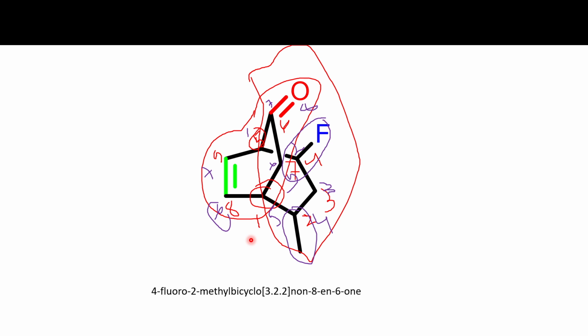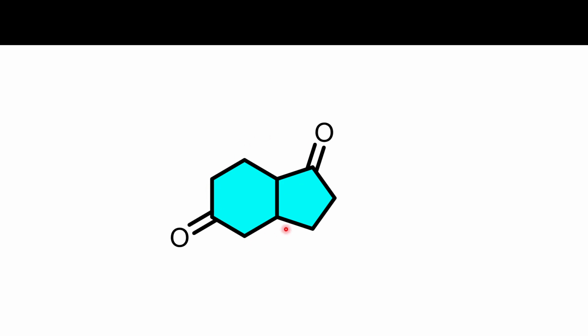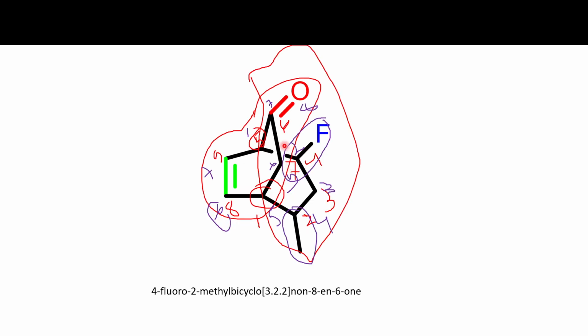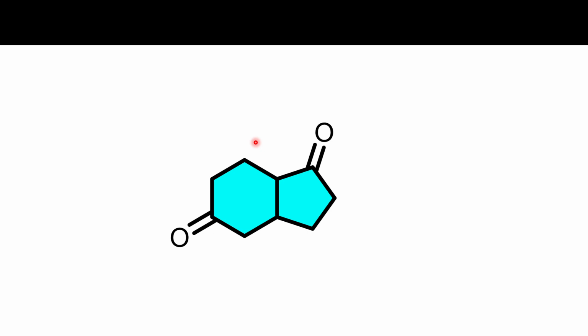Okay, so this is an indane molecule, and from this indane or naphthalene-like molecule, unlike bicyclo, where we said the connecting point will be the starting number, if there are already named compounds like naphthalene or indane, then the numbering will start from the main functional group, and the numbering will start from the small ring.